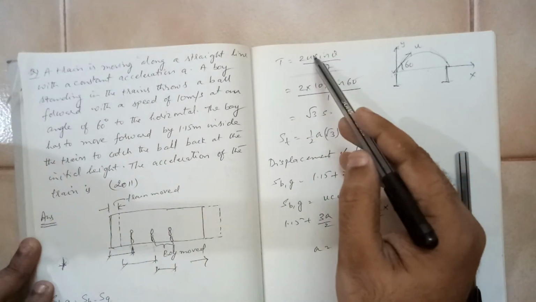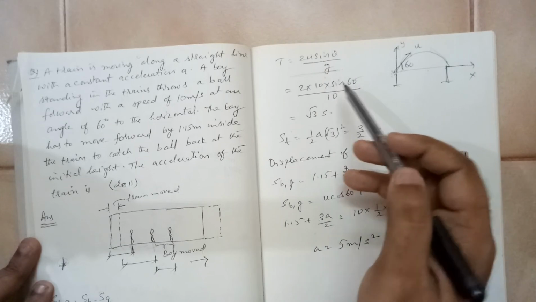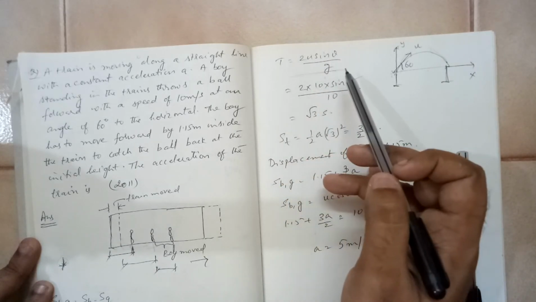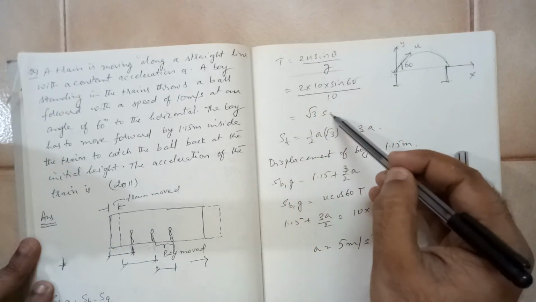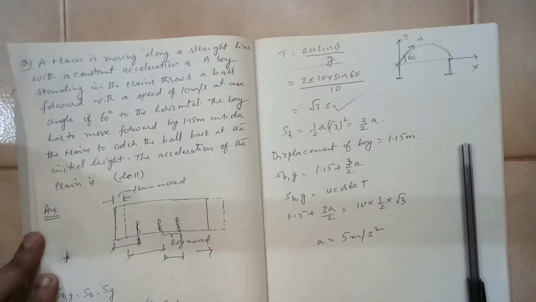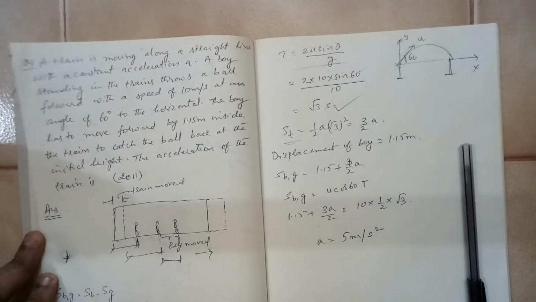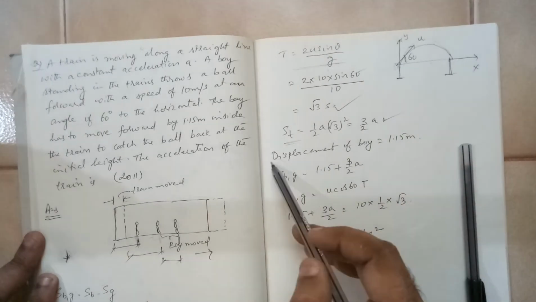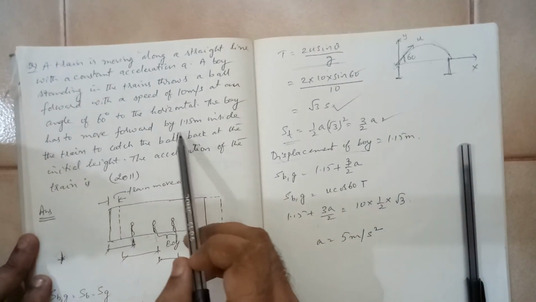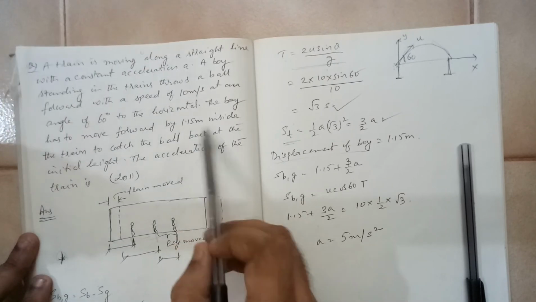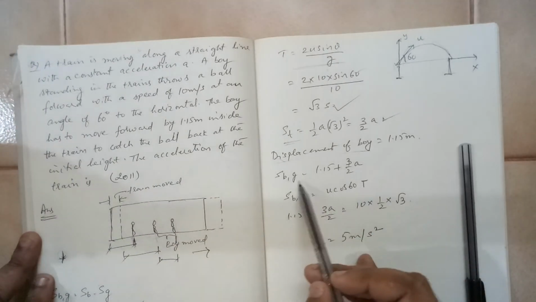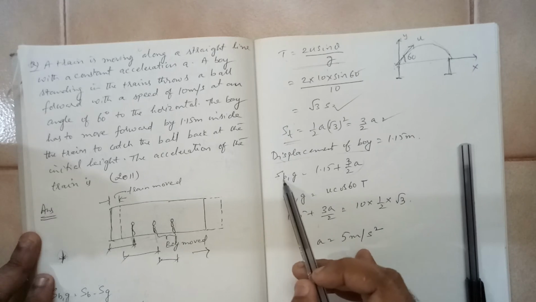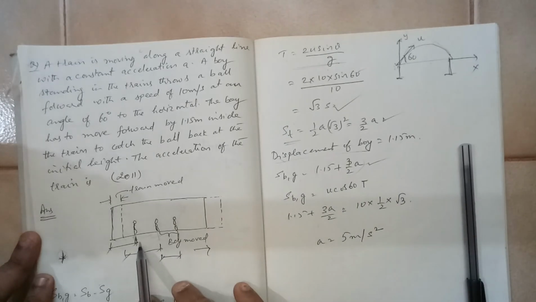Theta is 60, u is given as 10 meter per second. So you can get the time as root 3 seconds. So you can get the displacement of the train, half a t square, which is 3 by 2 a. And what is the displacement of the boy? The boy displacement has been given as 1.15 meter. So when you add these two, you get the displacement of the boy with respect to the ground.